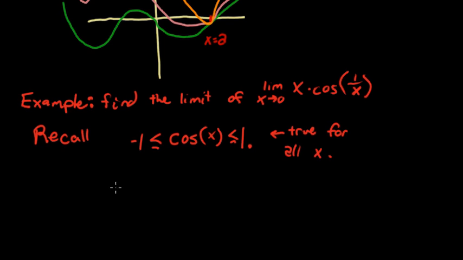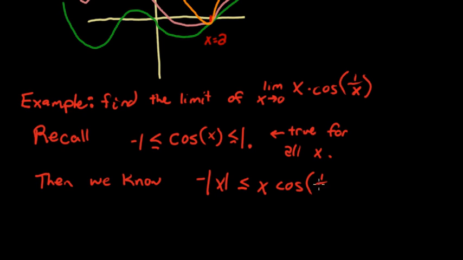Well, then we know one more thing. So then we know that the negative absolute value of x is less than or equal to x times the cosine of 1 over x, which is less than or equal to the absolute value of x.